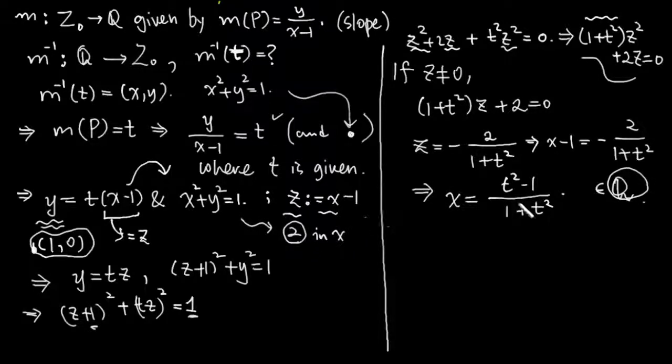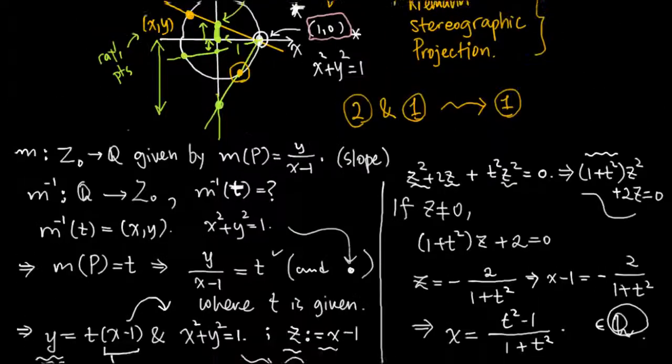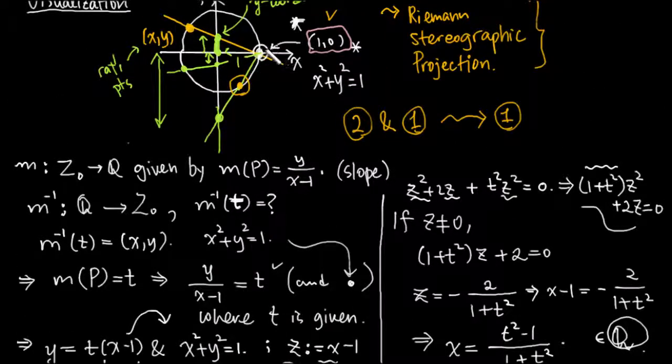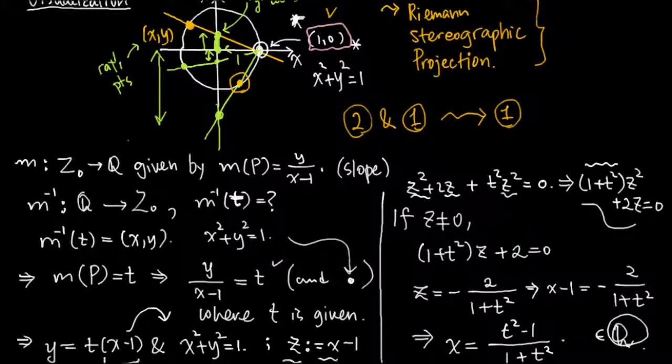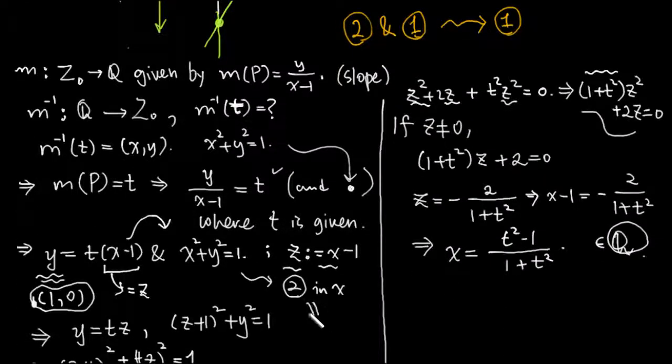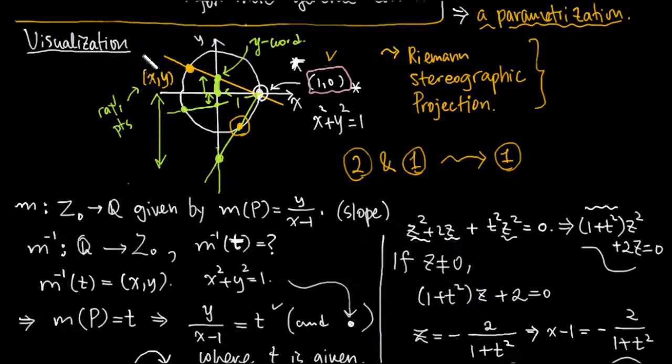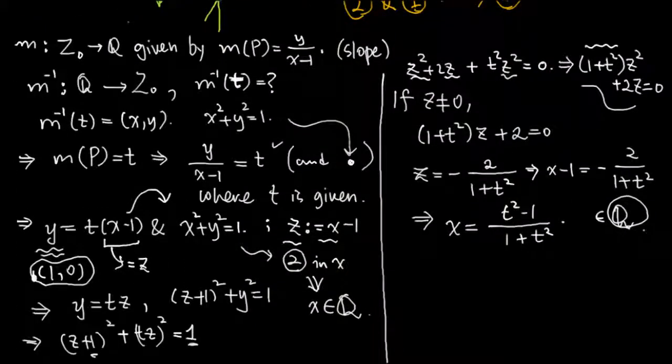One of the solutions on the circle is 1, which is rational, and since it's degree 2, that forces the remaining x to be rational. So with degree 2 and one point being rational, the other one must be rational as well, if it appears on this line, which is degree 1. That's the main ingredient that makes things work.